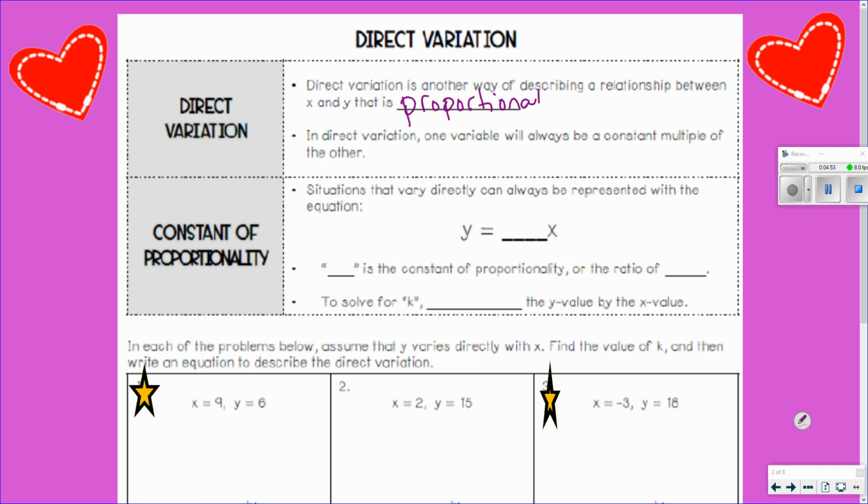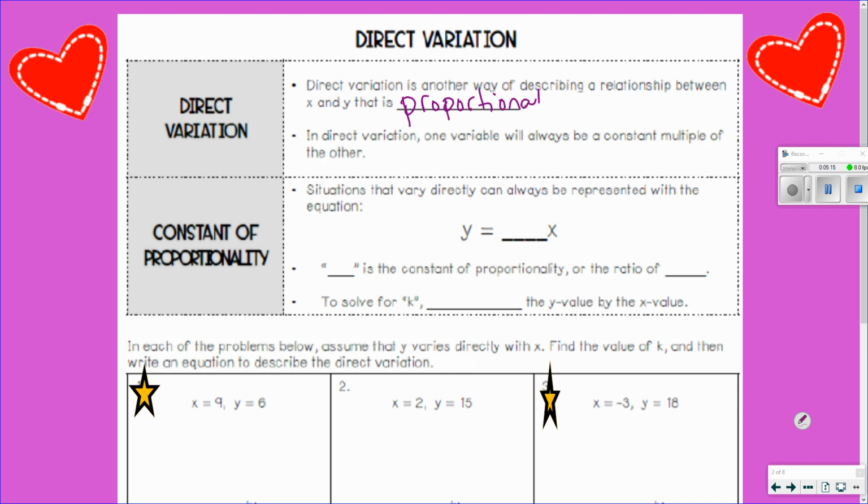When I talk about proportional, I usually use an example of making Kool-Aid. If you ever make Kool-Aid, it's usually like 1 scoop of Kool-Aid mix to a pitcher of water, right? But if I want to make 5 pitchers of water, then I need 5 scoops.